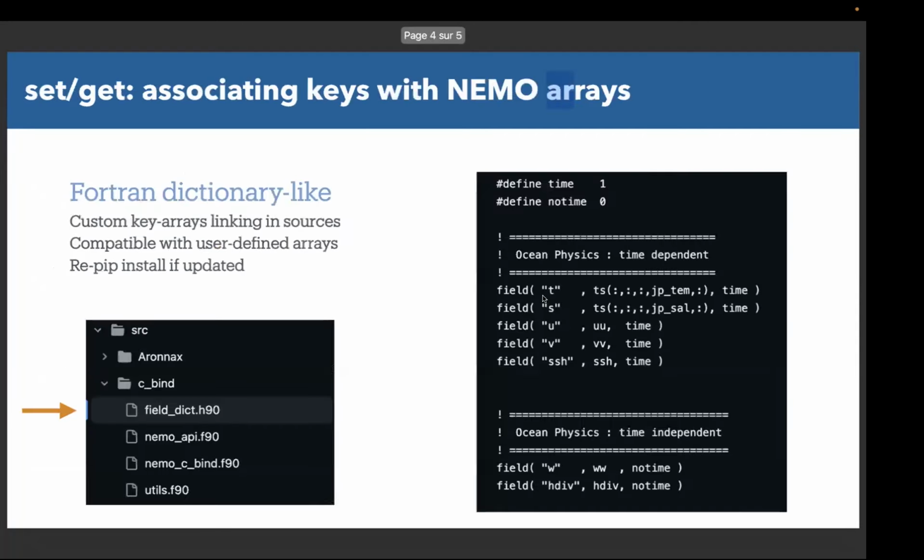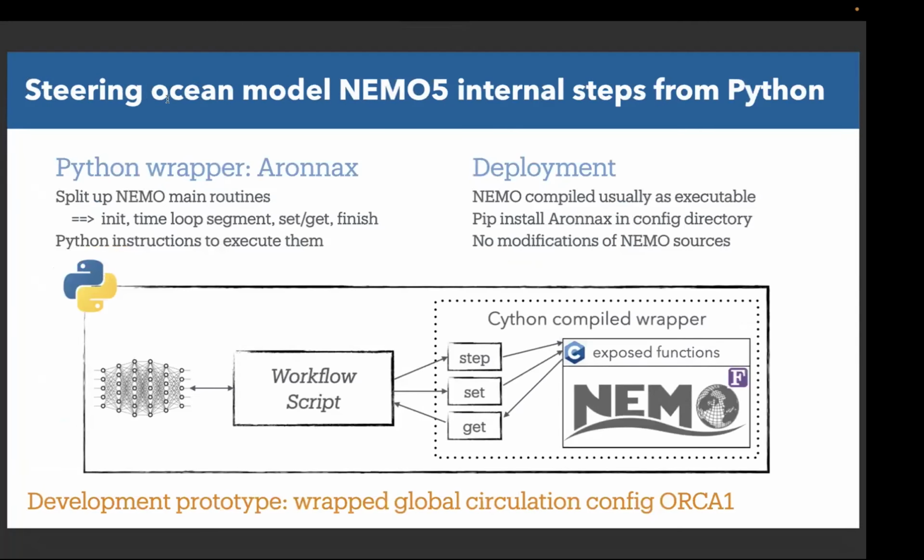For the moment, I split up the NEMO routines between initialization, time step, and finish. If we wished to call smaller parts of NEMO, I still don't know how we could do that, but it requires thinking in advance about designing the way of calling different parts of NEMO.